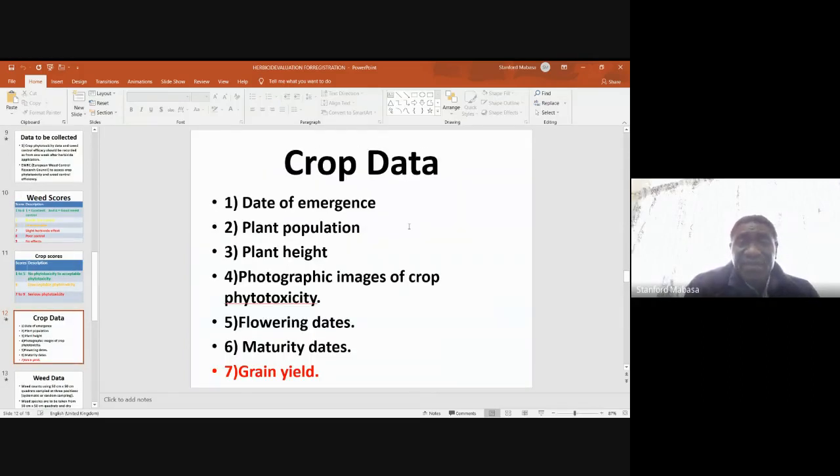Crop data: we need data of emergence, plant population, plant height. We can use photographic images of crop phytotoxicity, flowering dates, maturity dates, then grain yield.